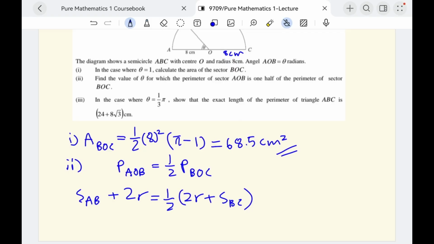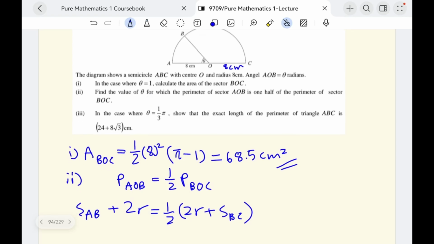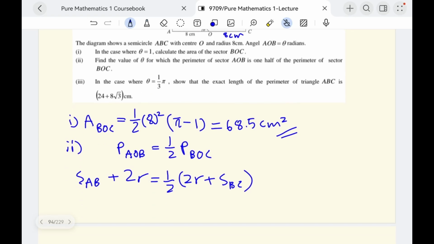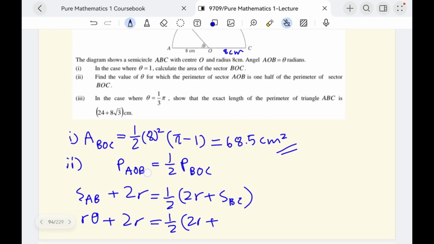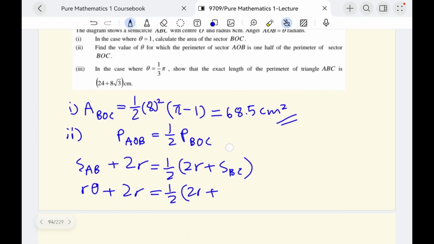So what is the arc length of AB? It is R times theta, so R theta plus 2R, and with half of the 2R plus BC. The arc length of BC is R times pi minus theta, right?